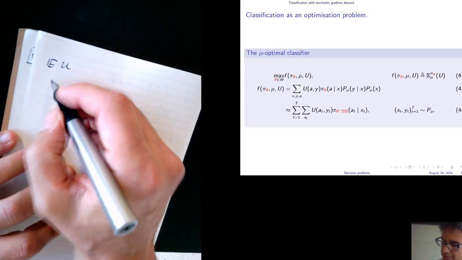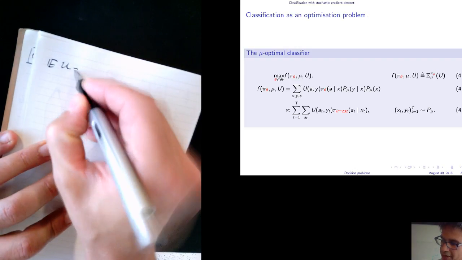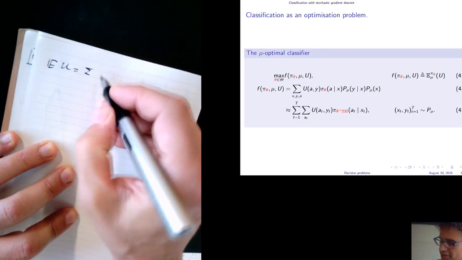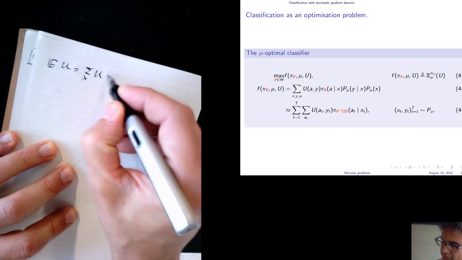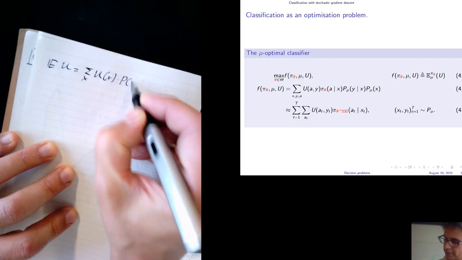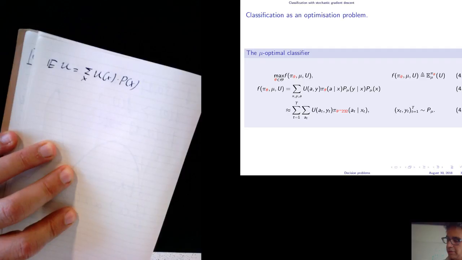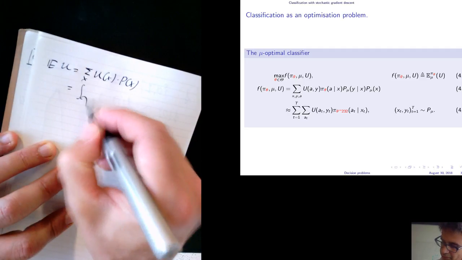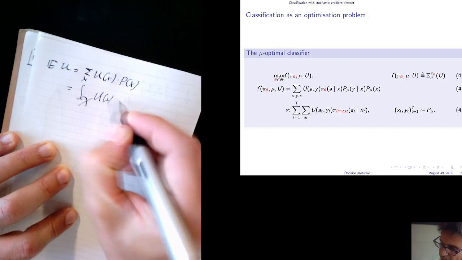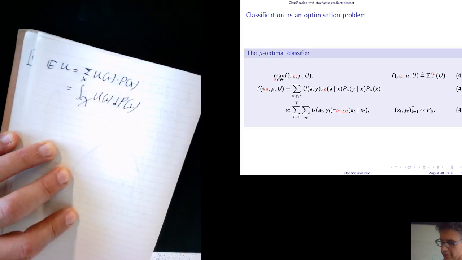Now, we know that this is basically equal to the sum over every possible thing that you can observe. If there's an infinite number of those, then you can just write it as an integral. Doesn't make a difference.